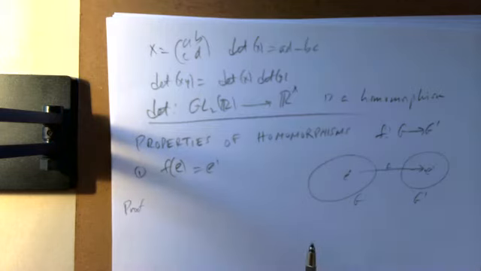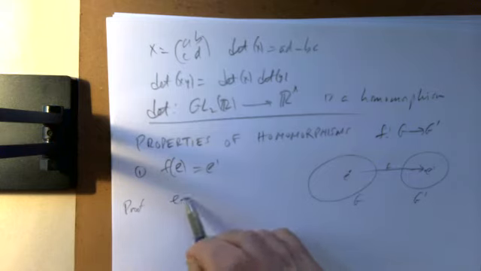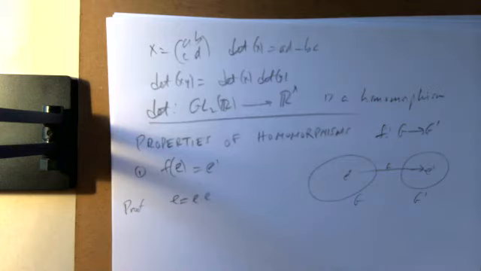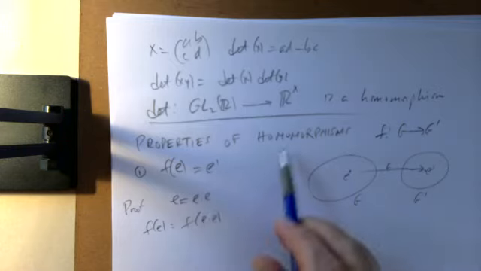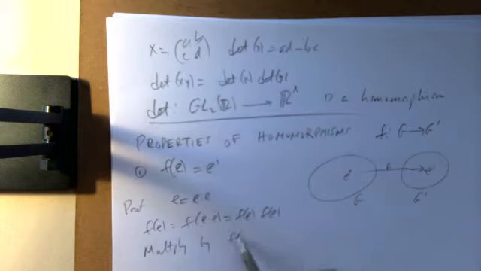And the proof goes as follows. We know that e is equal to e times e. So f of e is f of e times e. But because f is a homomorphism, this is f of e times f of e. Now, I don't know yet what f of e is, but it's an element of the group. So I multiply by f of e inverse.